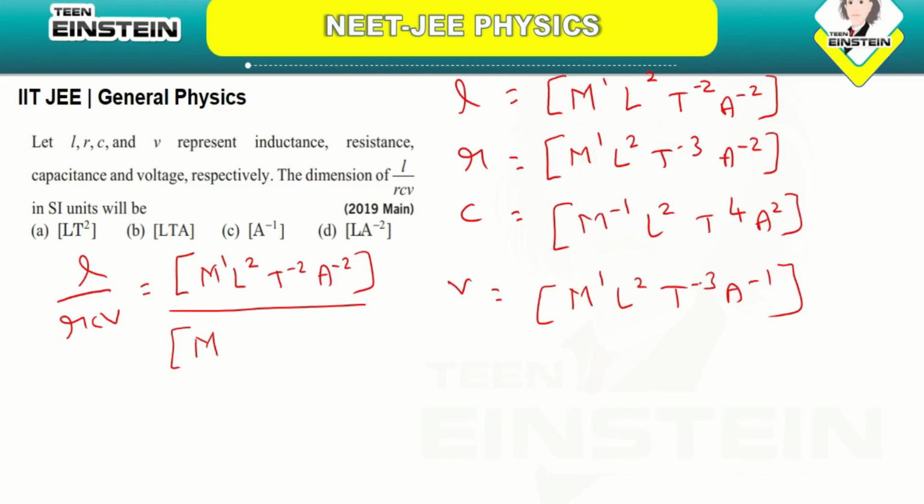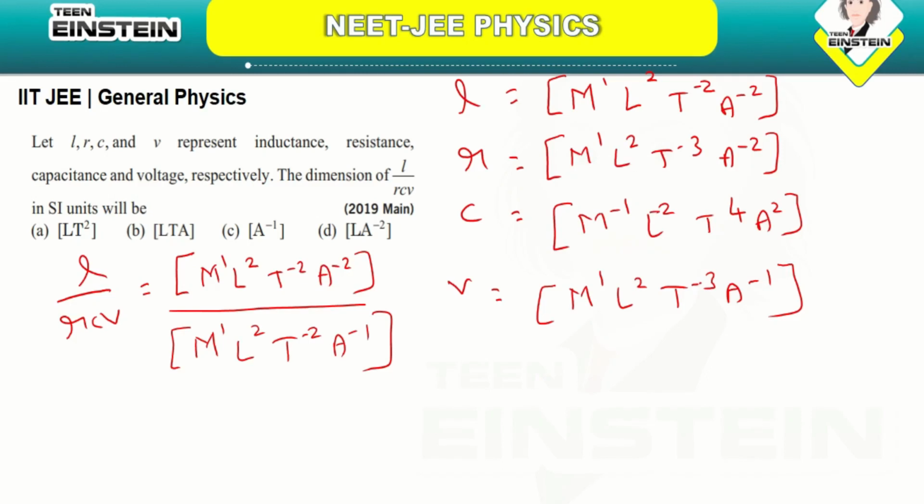Okay, so L square and L square you will be having as L square, and T power minus 2 and A power minus 1. So M 1 L square T power minus 2 and A power minus 1. So when you solve this, you will be getting, okay, here it is T power minus 2.